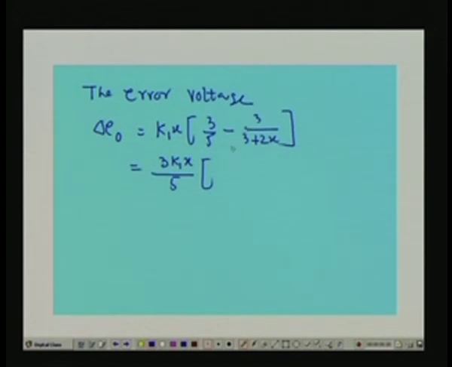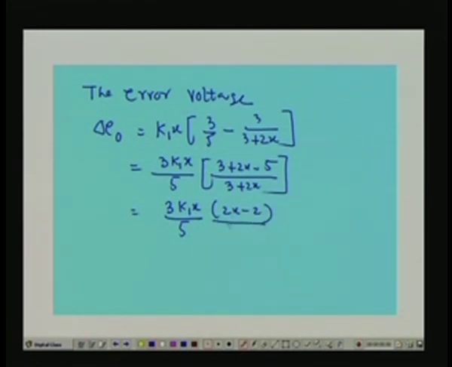So, it is 3 plus 2x minus 5, 3 plus 2x. So, it is coming 3 k1 x by 5 multiplied by 2x minus 2 upon 3 plus 2x.